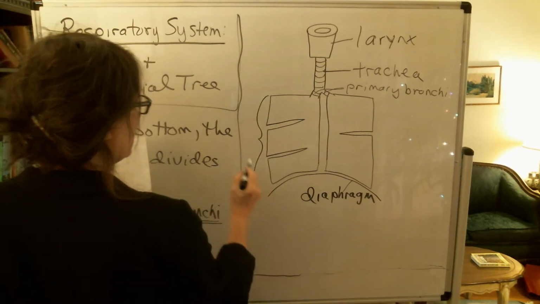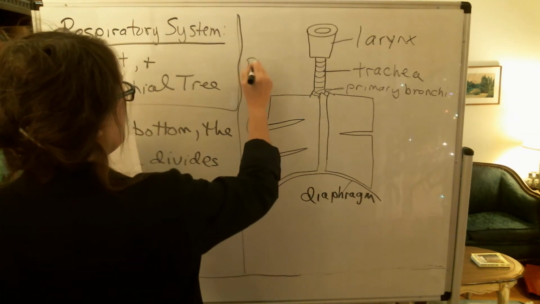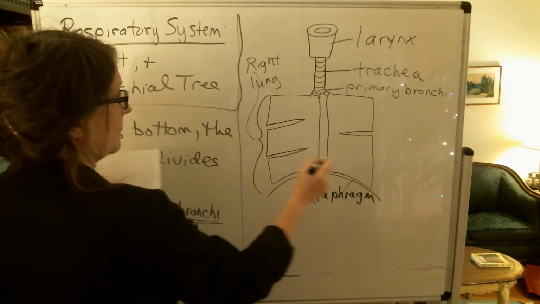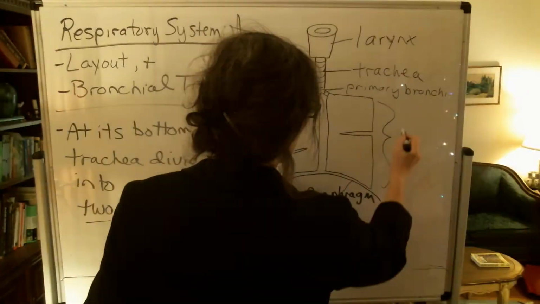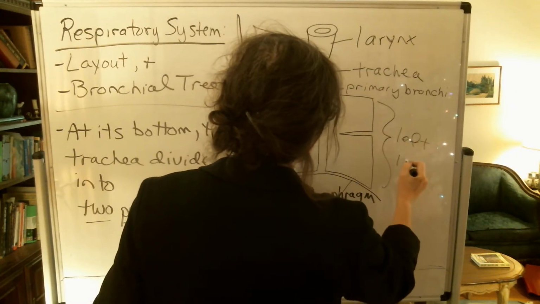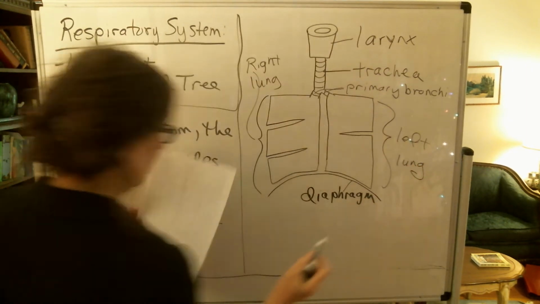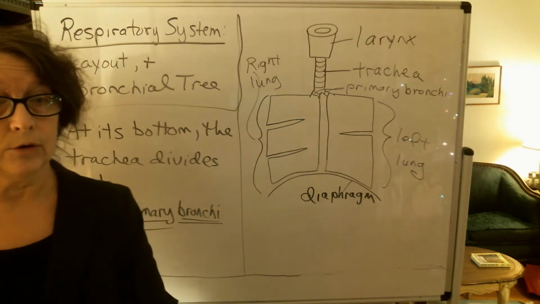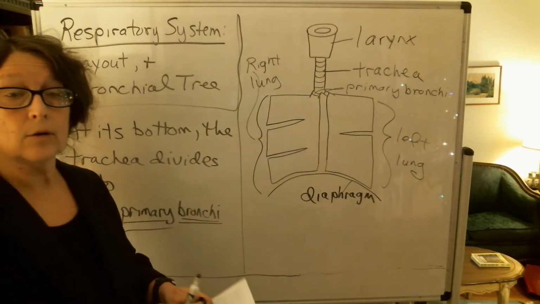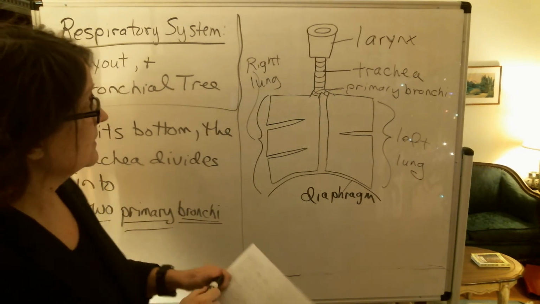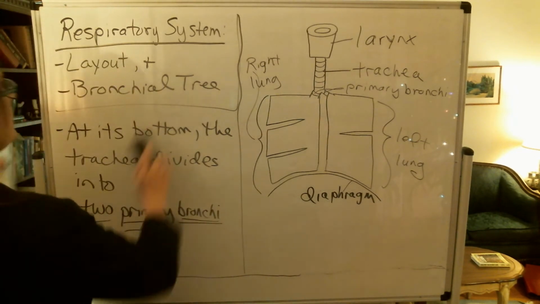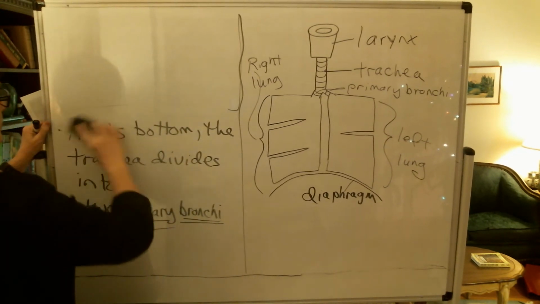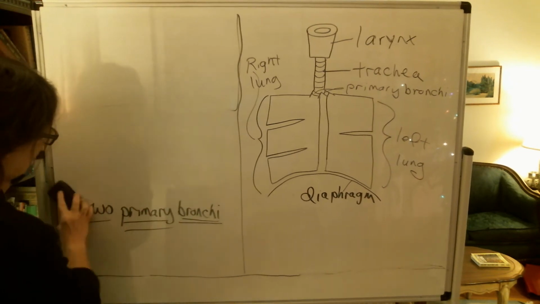So this now is the right lung, and this then is the left lung. So there we go. That is, in a very diagrammatic way, how your respiratory system is laid out from what you can see on the outside. So there, as I said, we have a general, highly diagrammatic layout of how it's all put together.